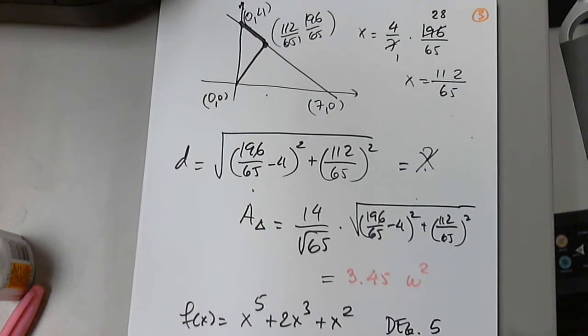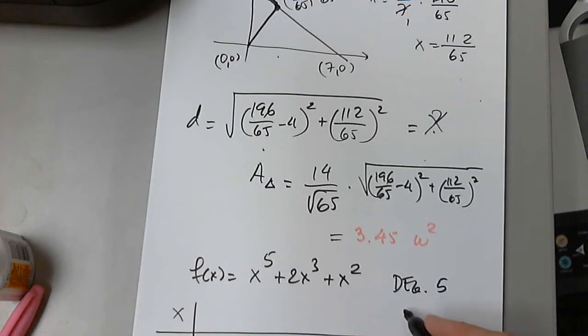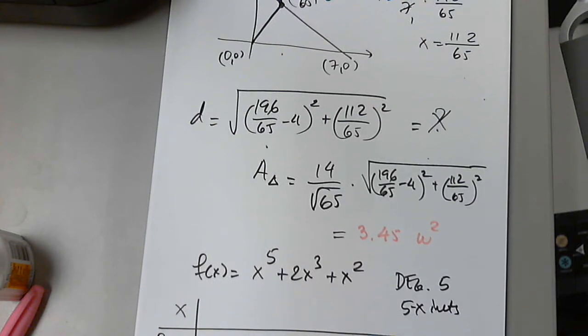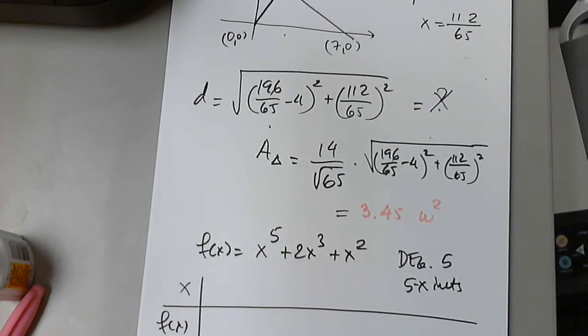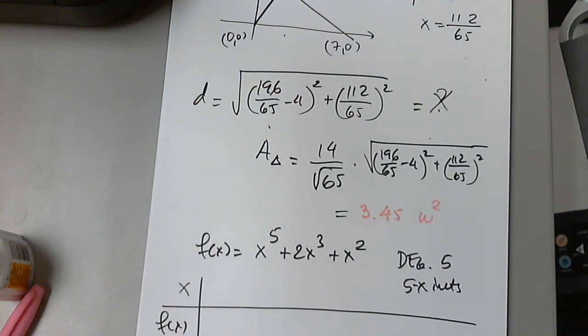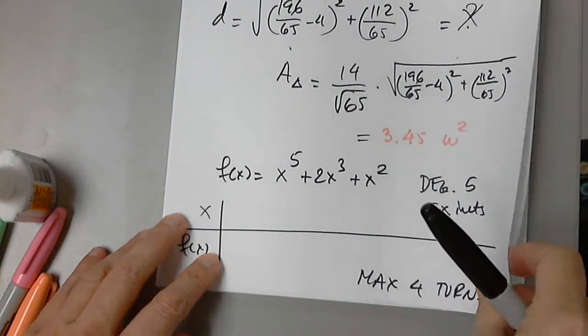How many solutions will you find? How many x-intercepts? 5 x-intercepts. Very good. What is the maximum possible number of turns? Yes, max 4 turns. Does it have to turn 4 times? No, but it cannot turn more. Very good, awesome.